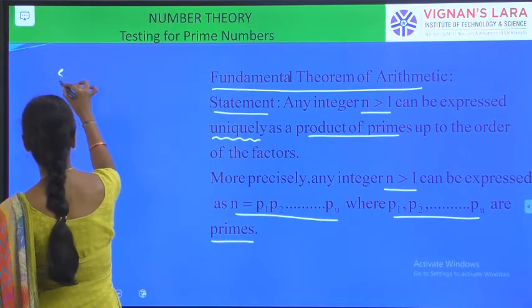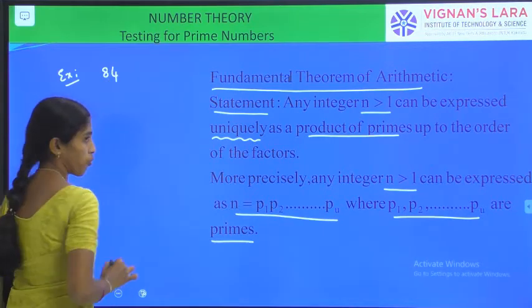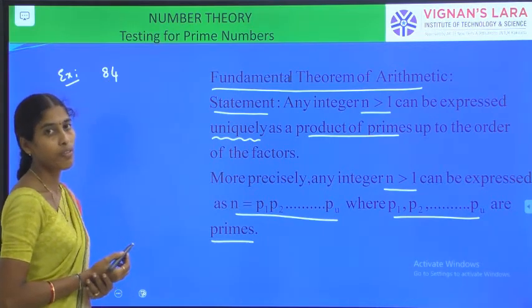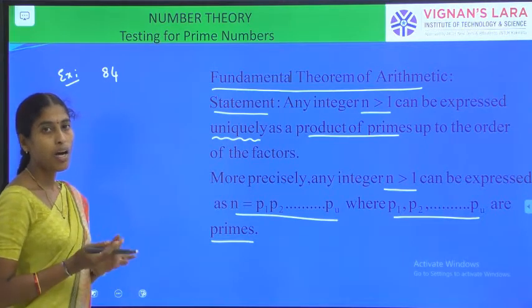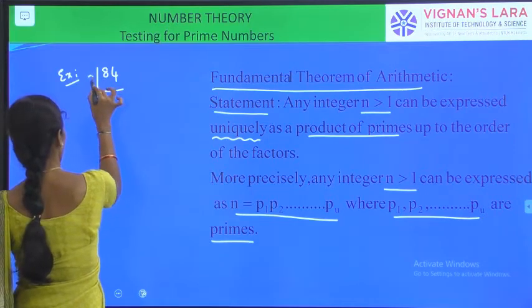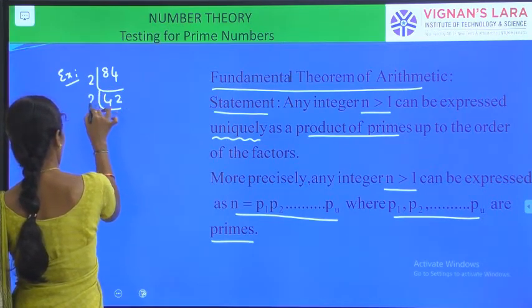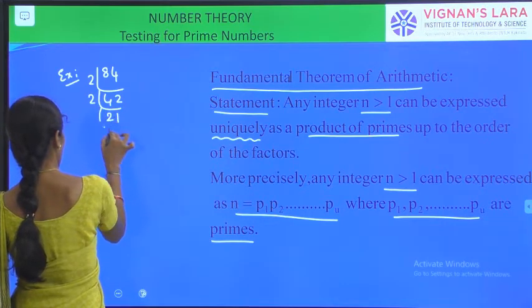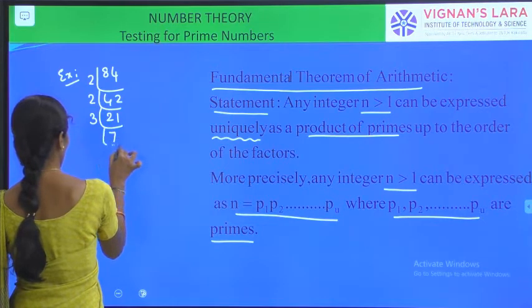Just take one example. Suppose we take 84. All of you know how to find the factors of 84 by using the direct method. Clearly it is an even number. If you take 2, it is 42 times. Again it is an even number, it is 21 times. You know that 3 is a factor of 21.